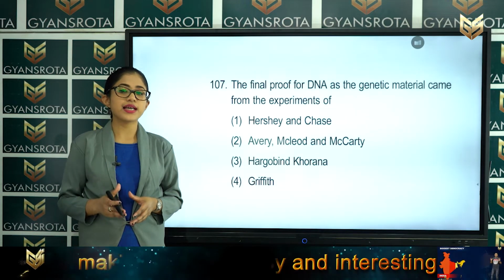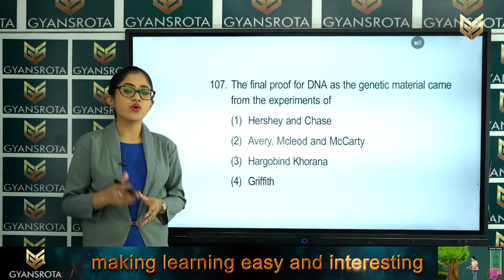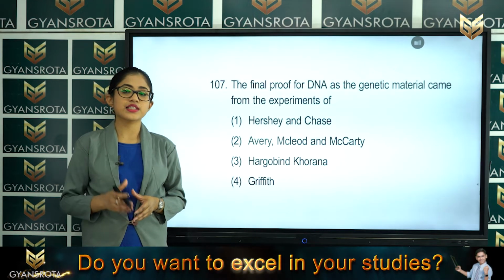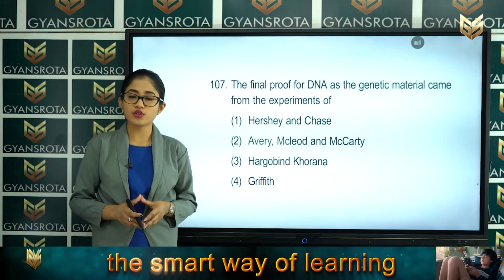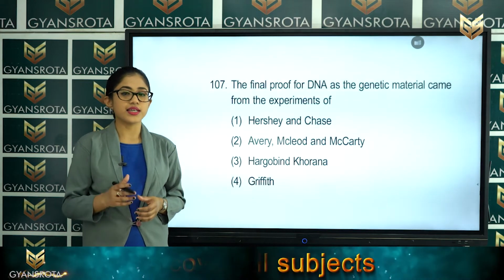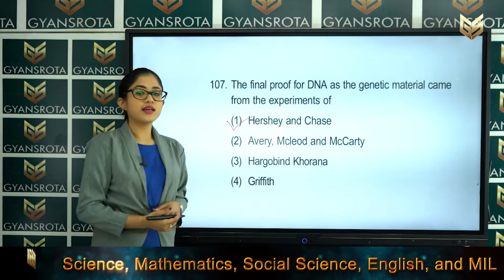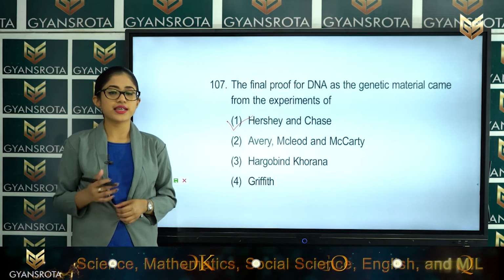I hope you have remembered that very clearly. So what is the correct answer of this question? Who gave the final proof for DNA being the genetic material? That came from the experiment of Hershey and Chase. So option number 1 is the correct answer. Now let us move on to the next question.